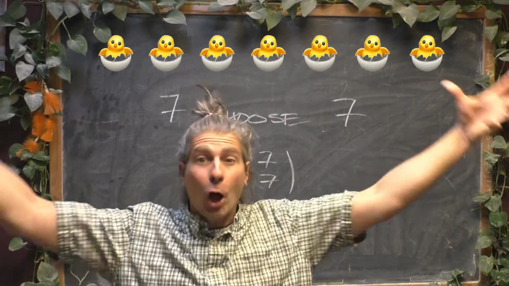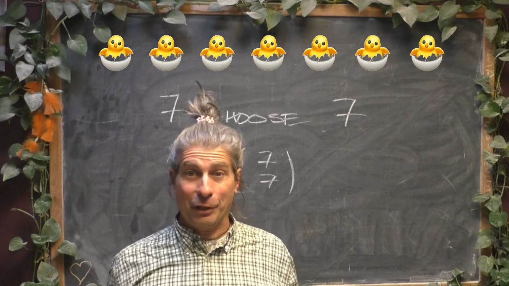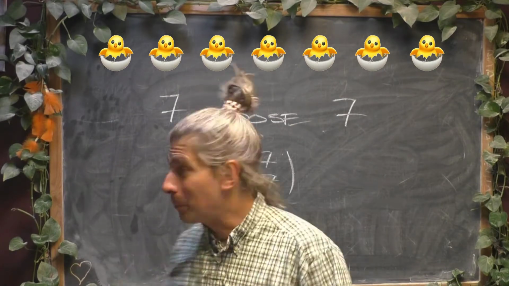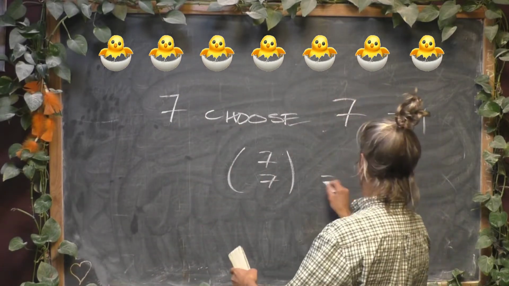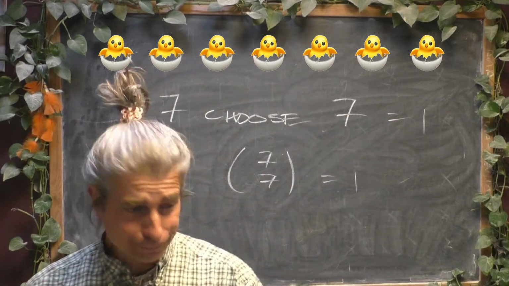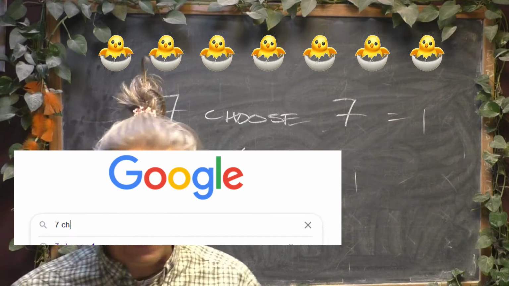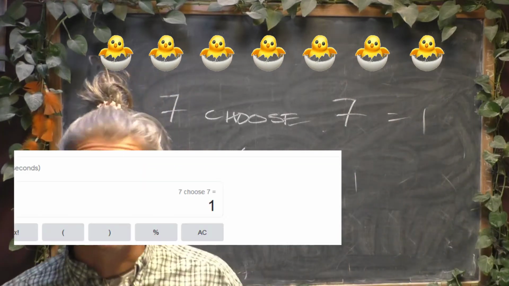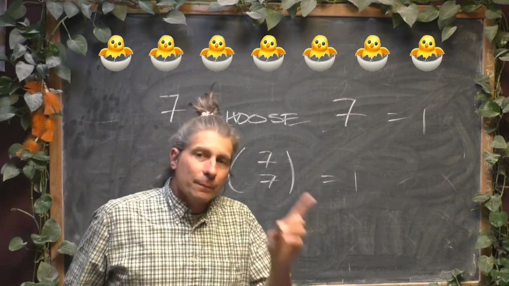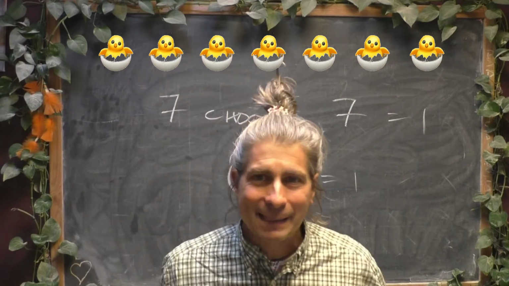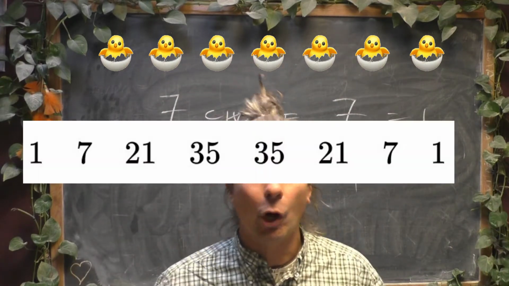You've got to choose them all. That's the only thing you can do. So both of these things are equal to 1. And you can verify with any calculator, like Google, that 7 choose 7, anything choose all of it, is going to be equal to 1. Those correspond in Pascal's triangle to the numbers on the end.